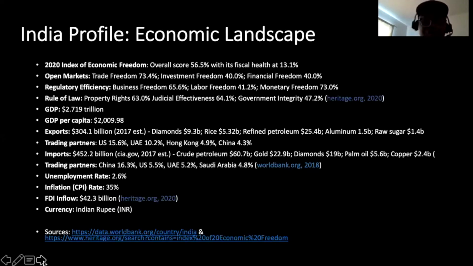In terms of open markets, we look at trade freedom, investment freedom, financial freedom, and in terms of regulatory efficiency, we look at the business freedom, the labor freedom, the monetary freedom. In terms of rule of law, we also look at property rights, judicial effectiveness, government integrity, and in that order.